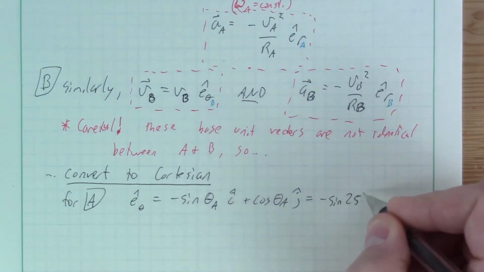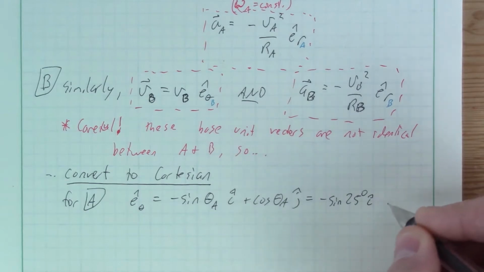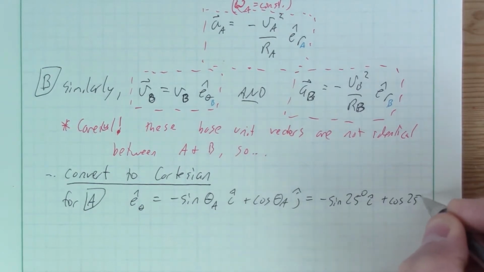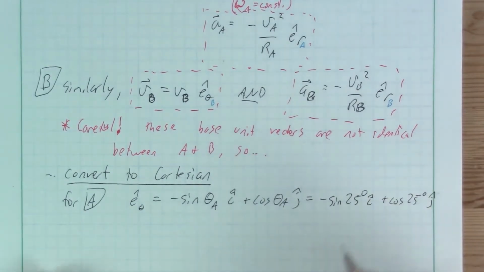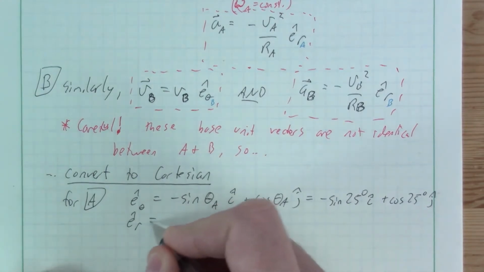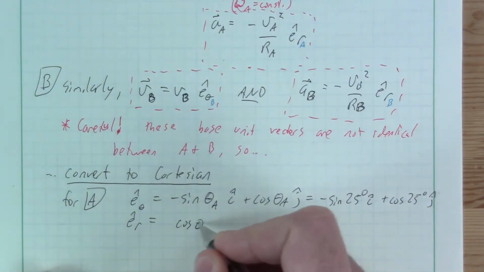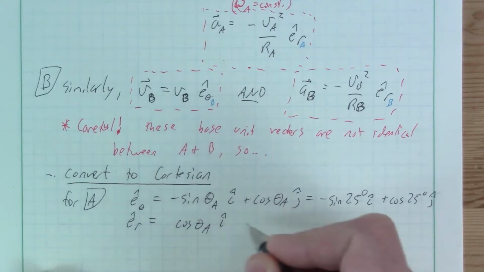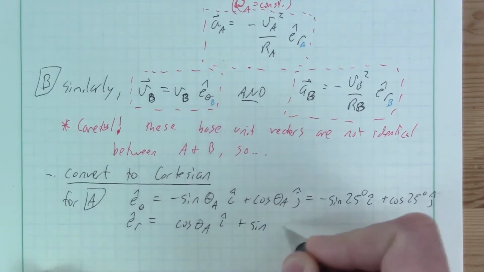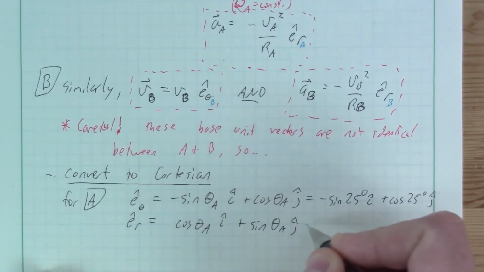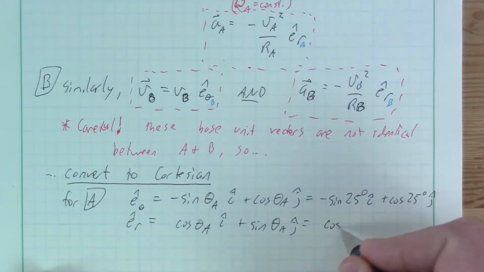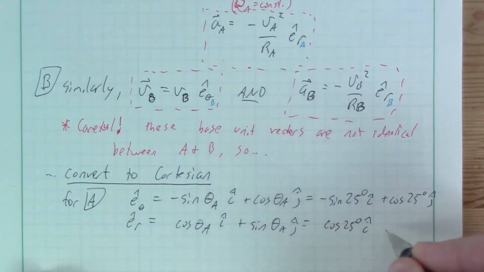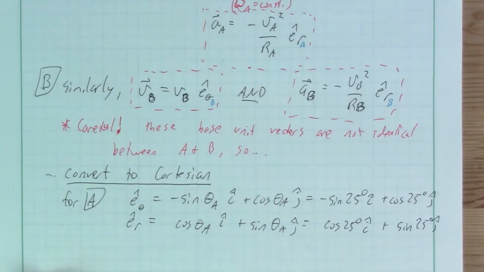Minus sine 25 degrees i hat plus cosine 25 degrees j hat, and the radial unit vector, the expression is cosine theta i hat plus sine theta j hat, which is cosine 25 degrees i hat plus sine 25 degrees j hat.